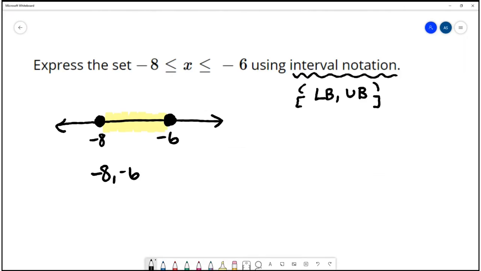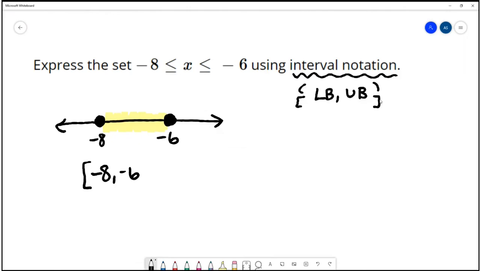The highest number shaded is -6. That's our upper bound. And remember, we're going to use parentheses if the lower bound is not included and brackets if it is. So since we have our filled in circle and our equal to, we're going to include that lower bound.